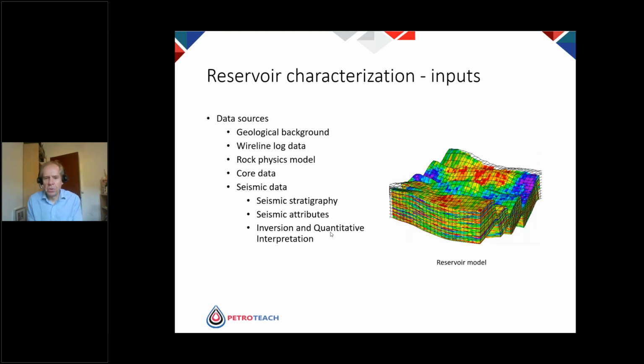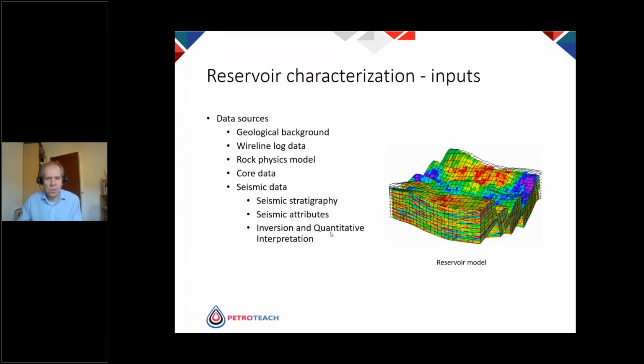Okay, and if we've got time at the end, I'll talk about making those numbers sensible in terms of uncertainties. It's something that we've been pretty bad at as an industry, pretty bad at doing uncertainty. Certainly the geophysicists and geologists have been. I think the engineers are a little bit ahead of us.